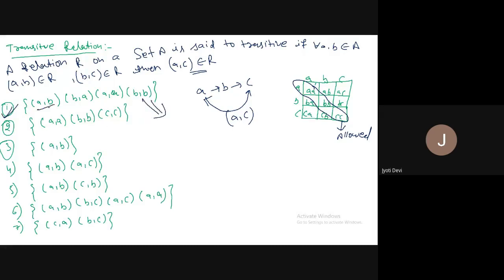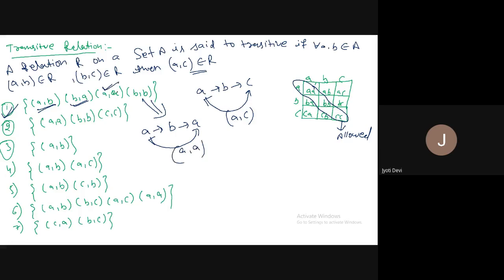It says there is a relation a to b, and in another pair there is b to a. If this condition exists, then we search for the pair (a, a). Is (a, a) present there?